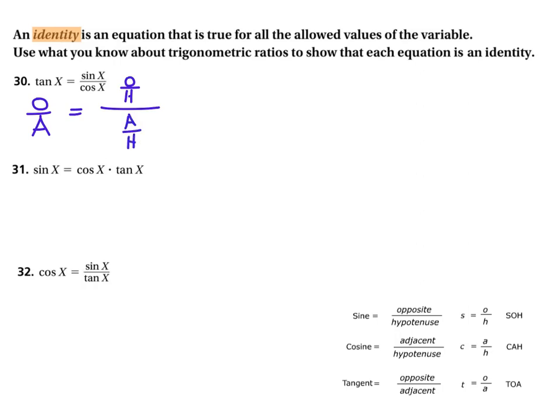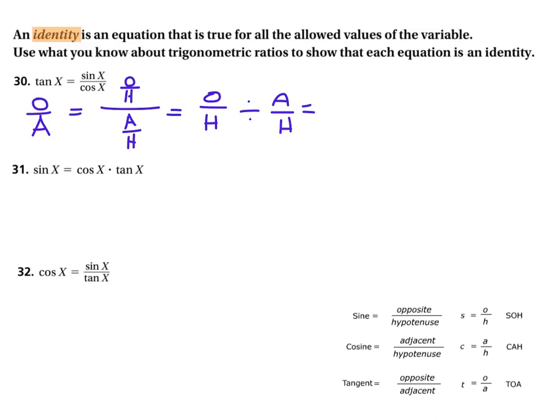Writing it like this doesn't actually help a whole lot. So I'm going to write it like opposite over hypotenuse divided by, like this, adjacent over hypotenuse. That's a better way of writing it. And in fact, I'm going to go even further and say that, remember stay, switch, flip?